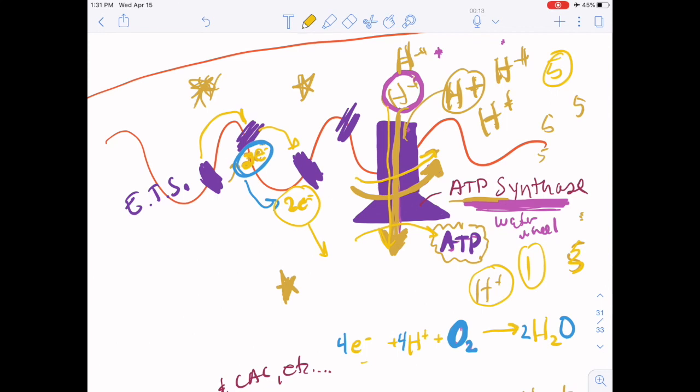So what does oxygen do? We actually say that oxygen keeps the gradient going by removing protons from the mitochondria so that more of them can flow through. Oxygen maintains the gradient.